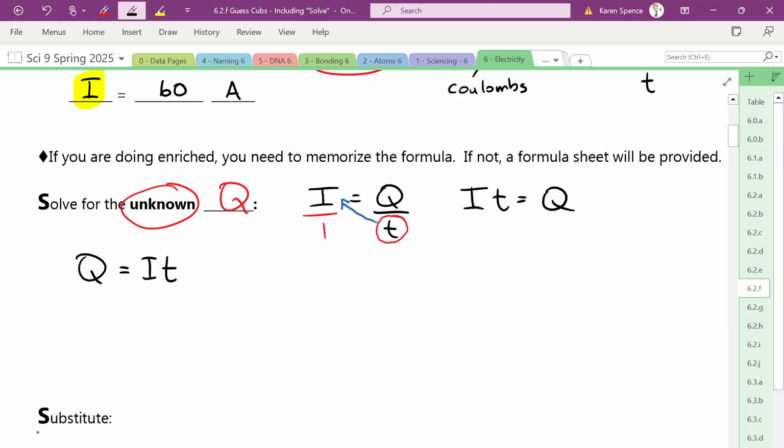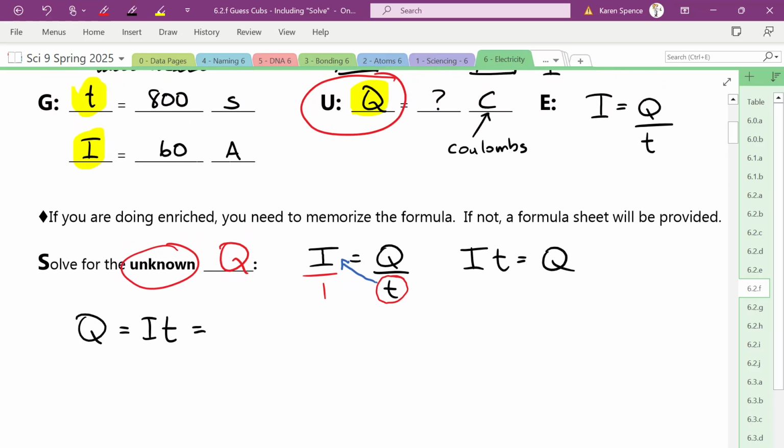We are now going to our second S, which stands for substitute. So we are going to substitute our I value. So I is 60 amps. So we're going to write 60 amps.